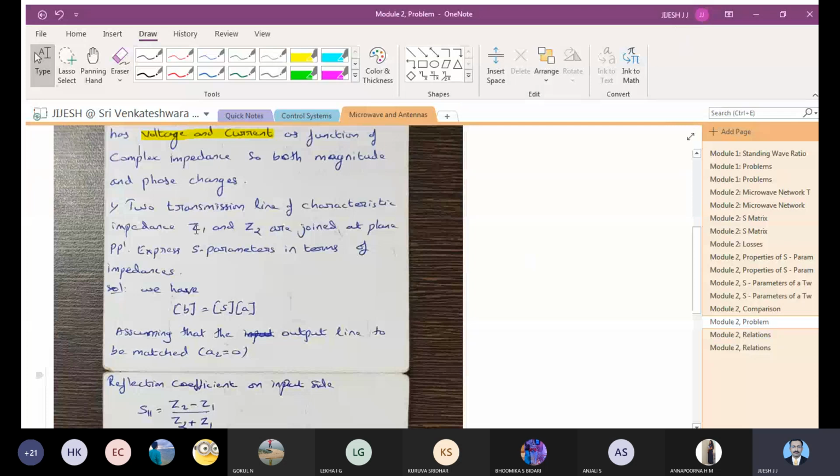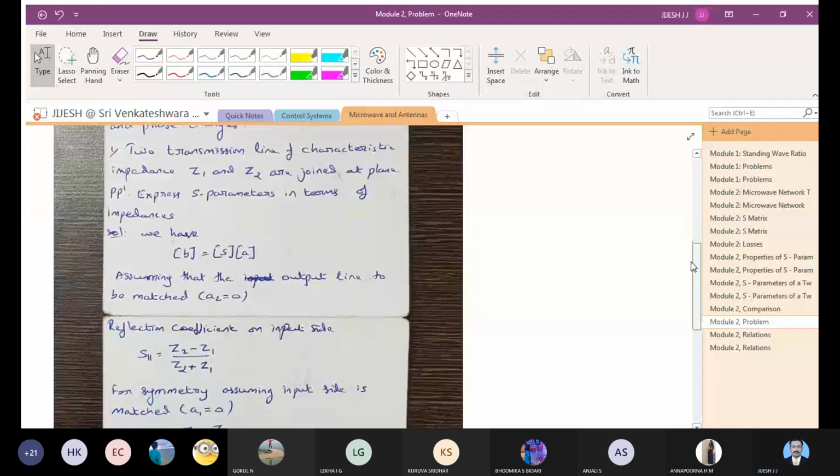So all of you write this problem. We will then start solving it. Once you complete writing it, just let me know that we'll start the problem. Complete the question, and we will start with how to solve it.